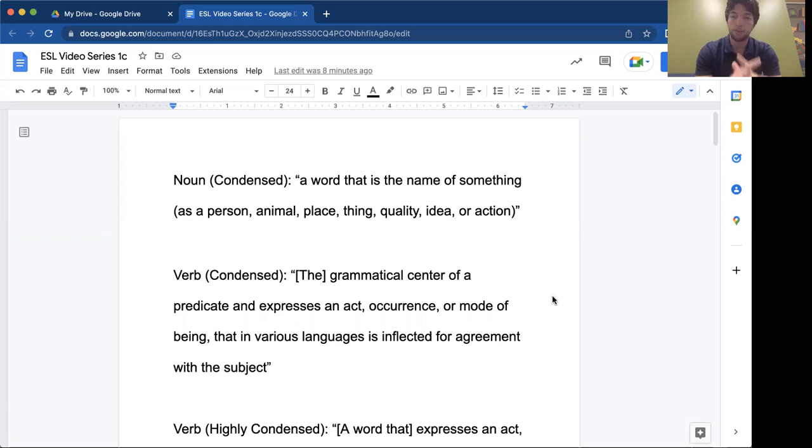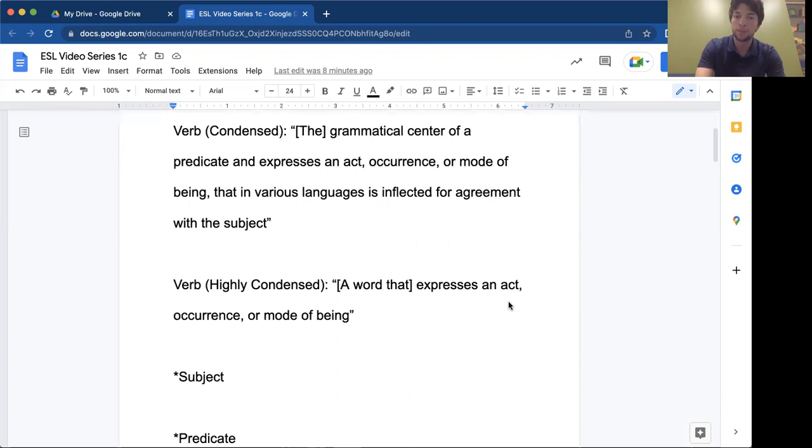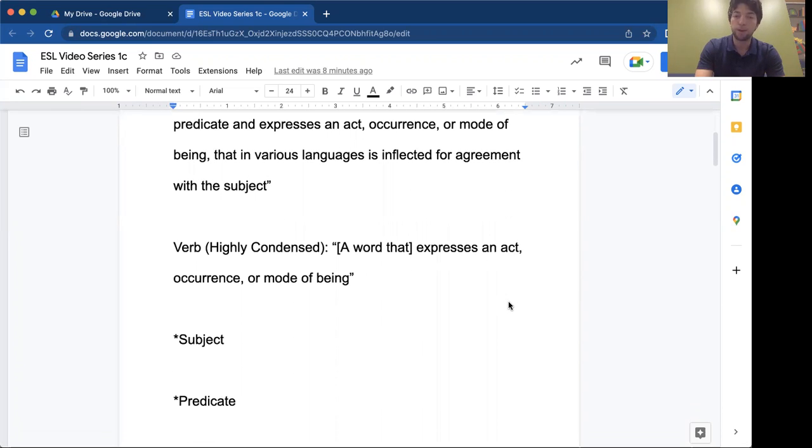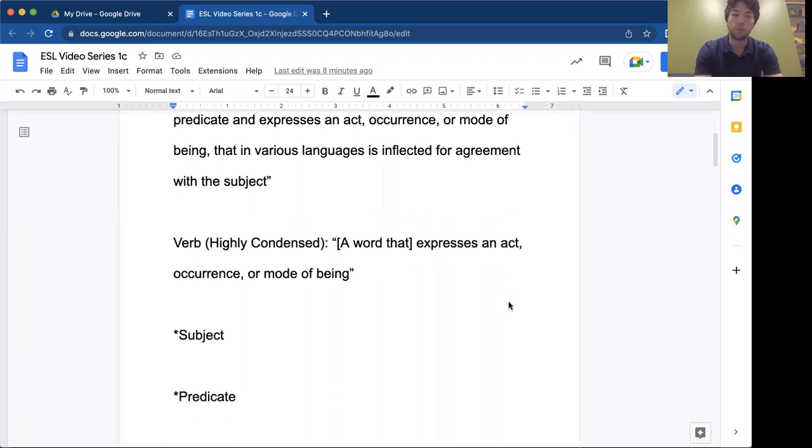A verb, in the highly condensed definition, just the bare essence of what a verb is, is a word that expresses an act, occurrence, or mode of being. Now, we also talked about subject and predicate in the previous video, and we found that the subject, which is usually a noun or a pronoun, usually comes towards the front of a sentence.